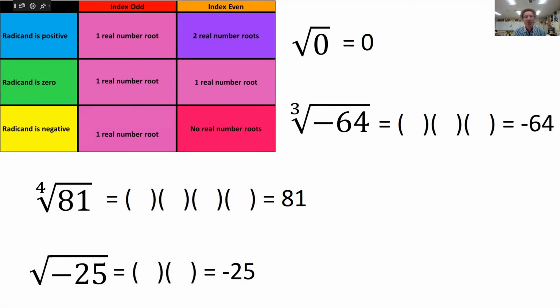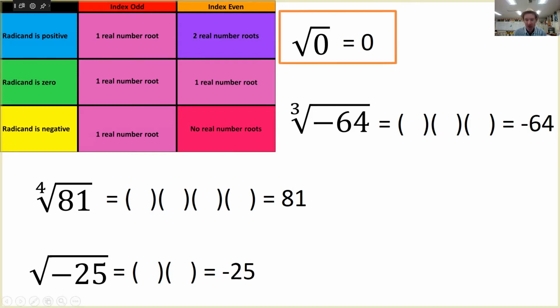All right, Math 2 students, here we go with a quick review of the number of roots that each expression will have. So if we start at the top right here with a radicand of 0, it does not matter what the index number is. It can be any number because the root of any radical problem that has a radicand of 0 has to be 0.